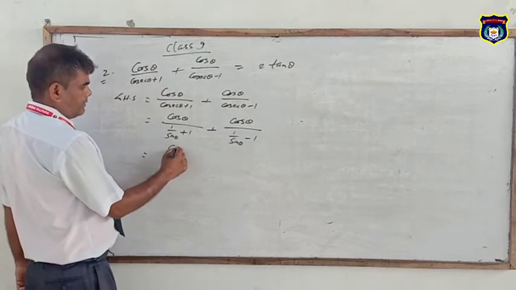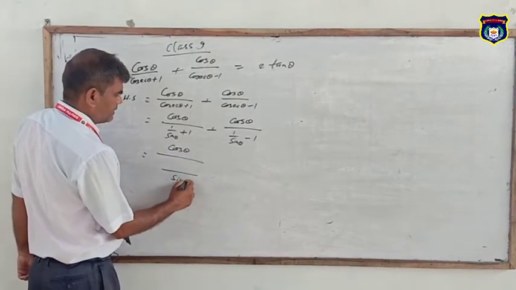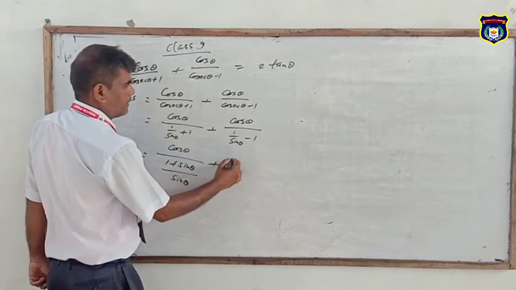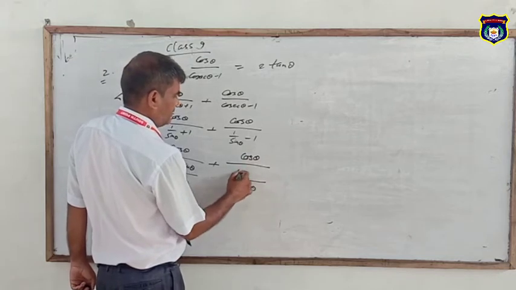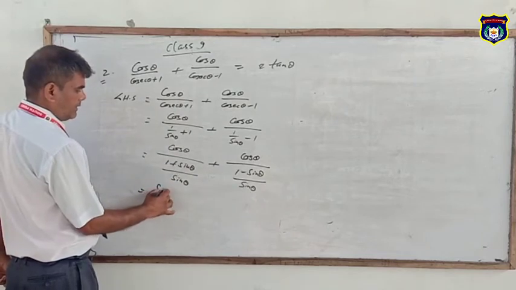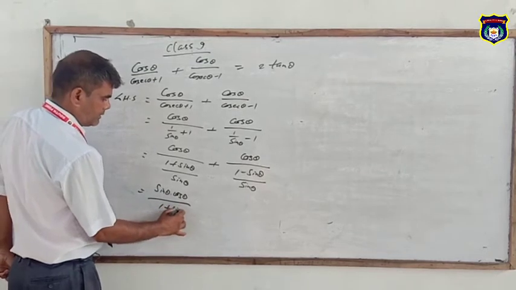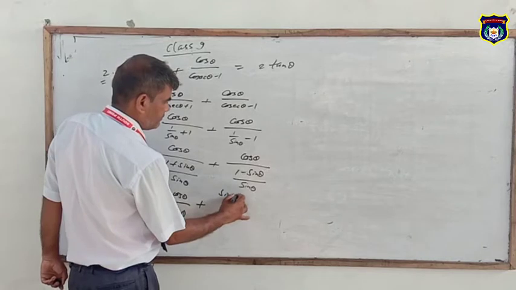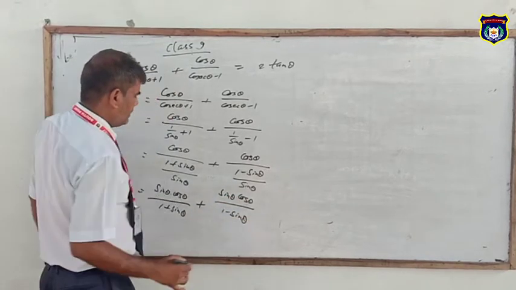So cos theta by, LCM is sin theta, so (1 plus sin theta) plus cos theta by, LCM is sin theta, (1 minus sin theta). So this is sin theta into cos theta by (1 plus sin theta), and sin theta cos theta by (1 minus sin theta).